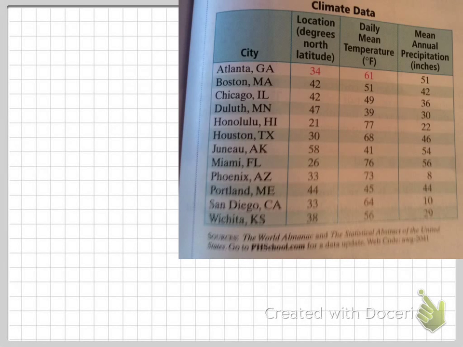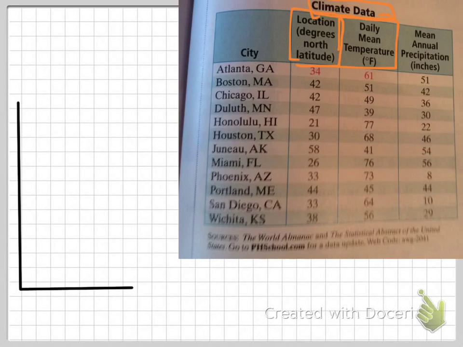Okay, so if I have this data set showing climate data, we're going to make a scatter plot for the latitude, so the location, and temperature. So those are the 2 things that I'm going to compare. So I'm going to make my x and y axis.